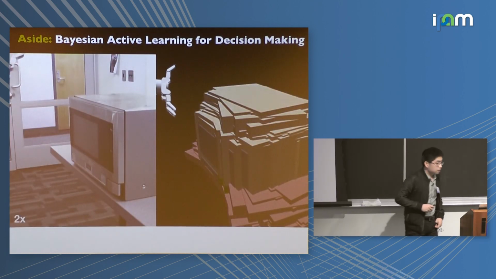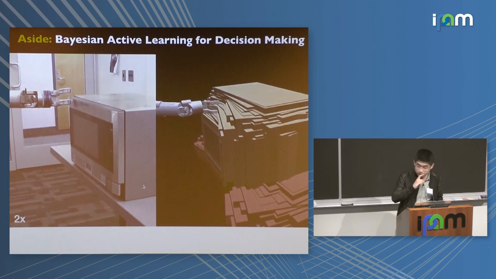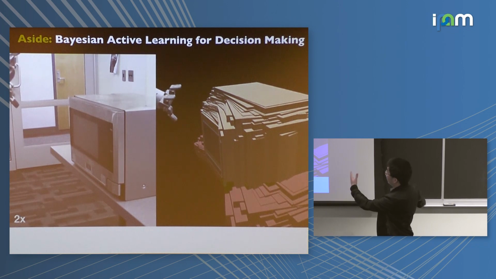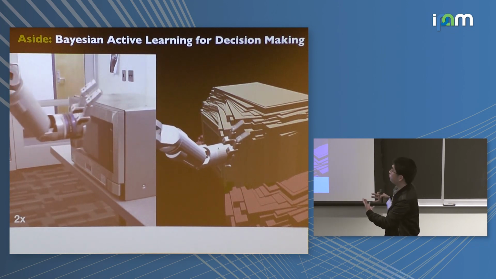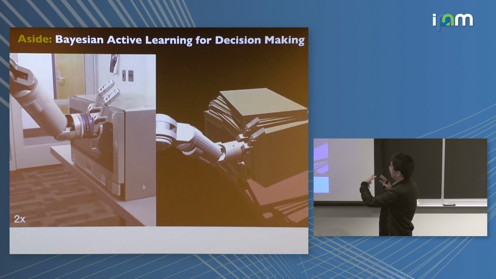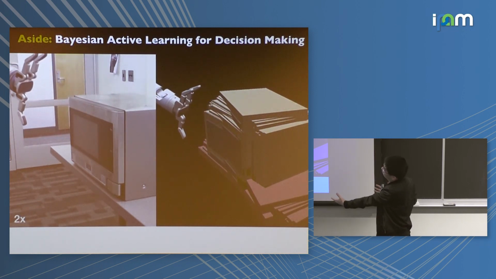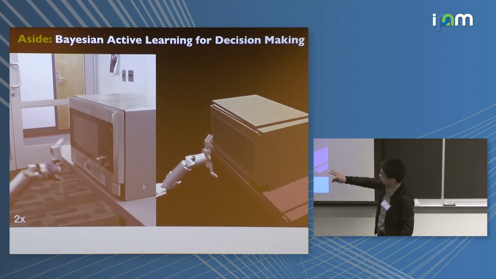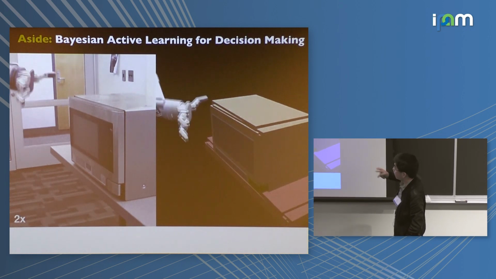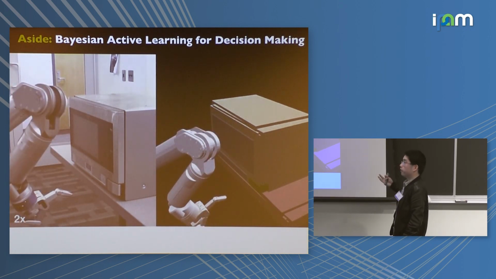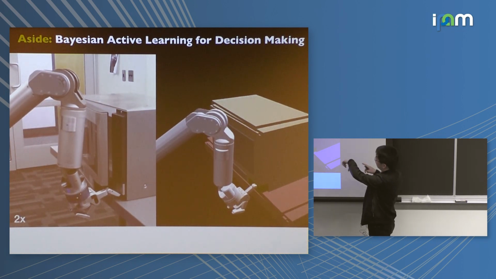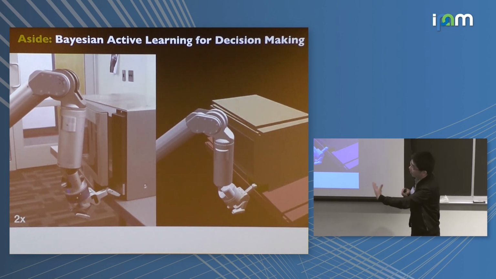To give you a quick demo for this application, we have this robotic arm, and on the left is the real-world experiment. On the right is the Bayesian estimate of the hypothesis space, which is basically all the possible configurations of the microwave. Every time the robotic arm's end effector interacts with the physical environment, it does one experiment and rules out some of the inconsistent hypotheses, and we want to localize a region of the hypothesis space such that no matter where the hypothesis lies, using one action, we can open the door.